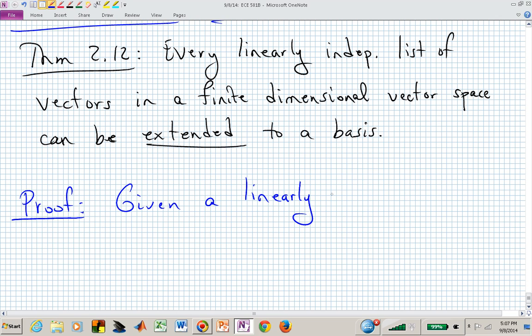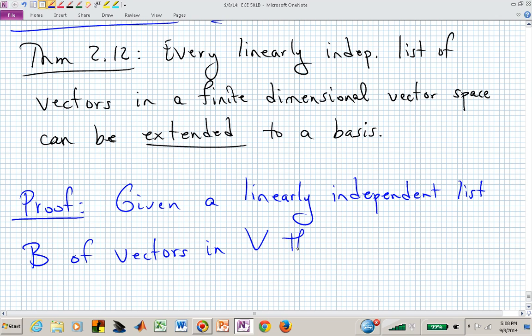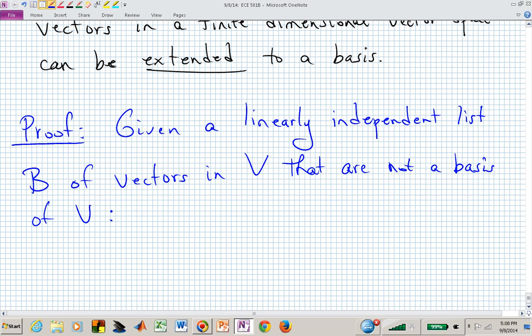Given a linearly independent list, let's say B, of vectors in a vector space V, that are not a basis of V. So that's our first given. Let's say that that's now V1, V2, up to V sub n.